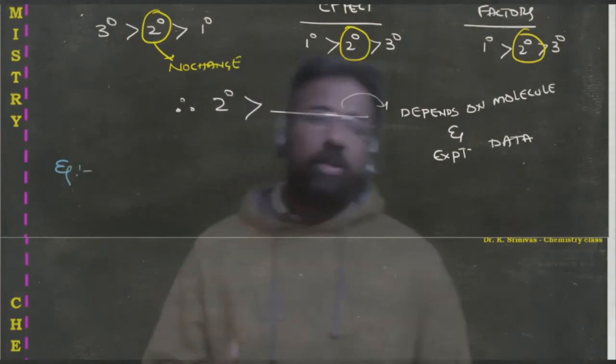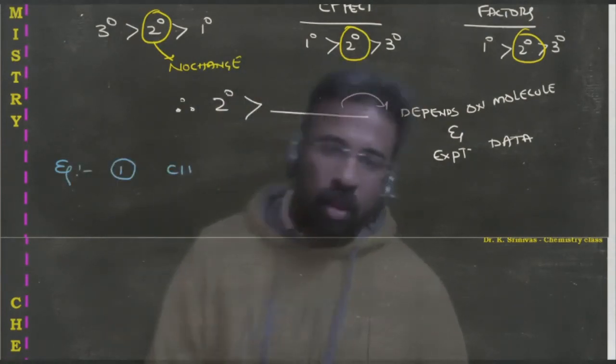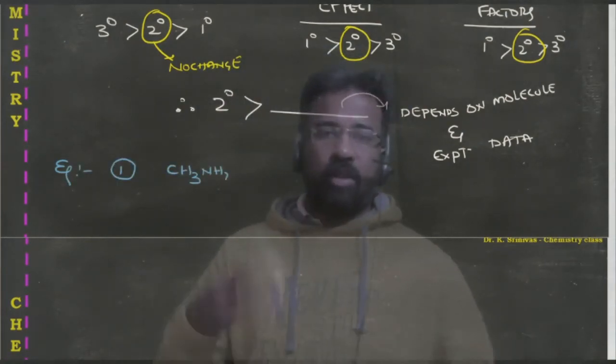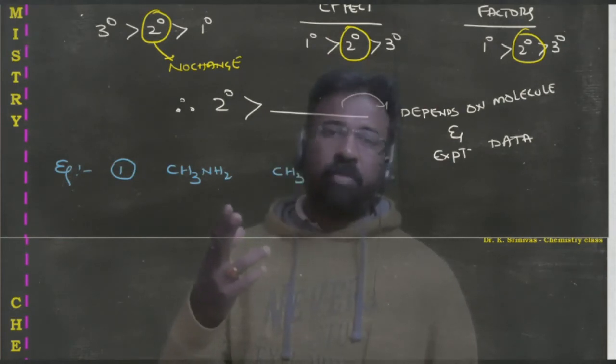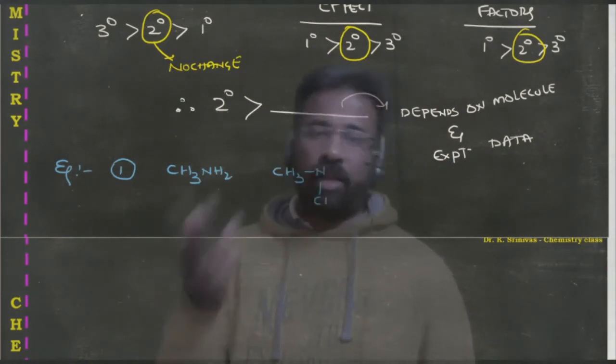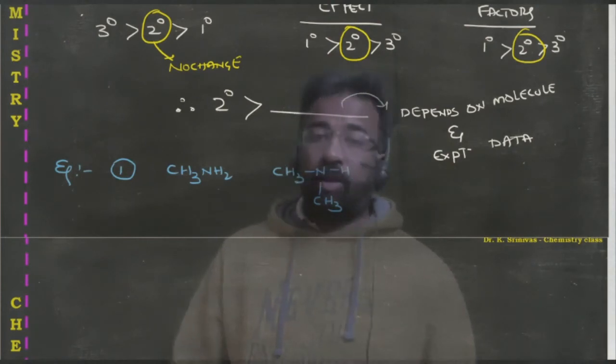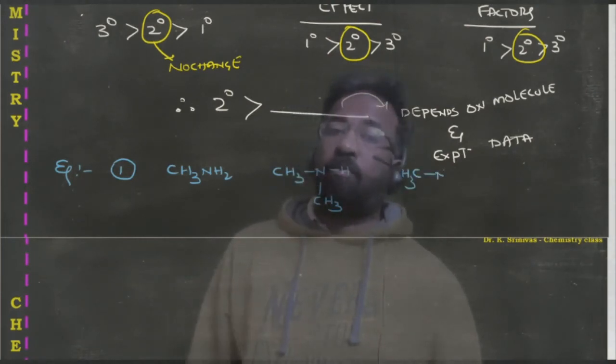So we have examples. In CBSE we have only two examples: the methyl derivatives as well as the ethyl derivatives. Now we are discussing methyl derivatives.